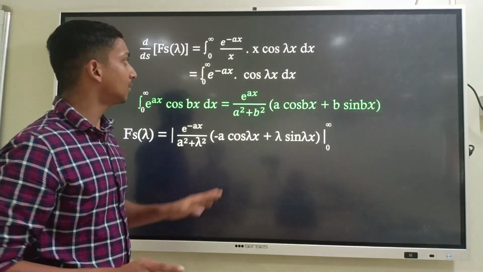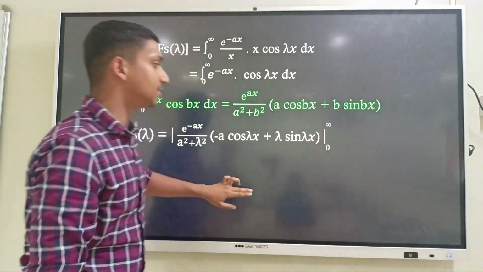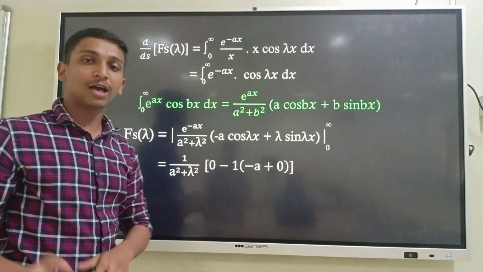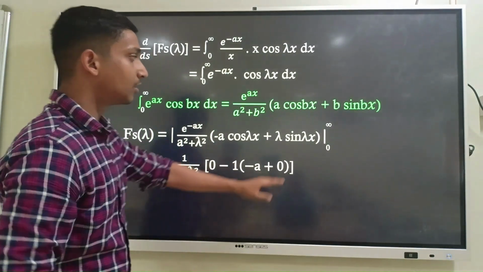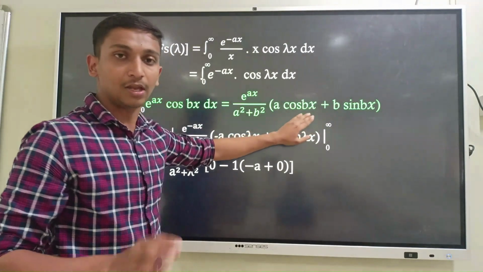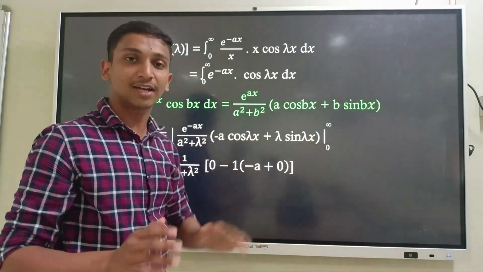Now we apply the limits, the lower limit 0 and the upper limit infinity. First we put the upper limit of infinity, minus the value at the lower limit 0.